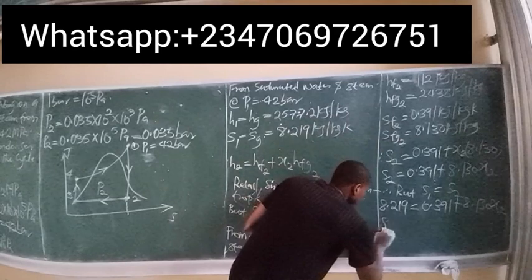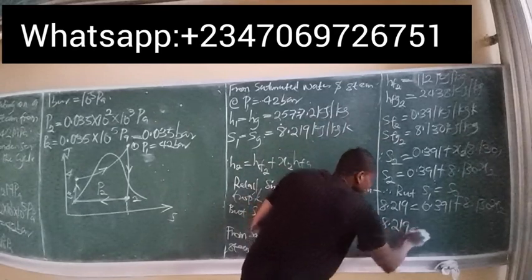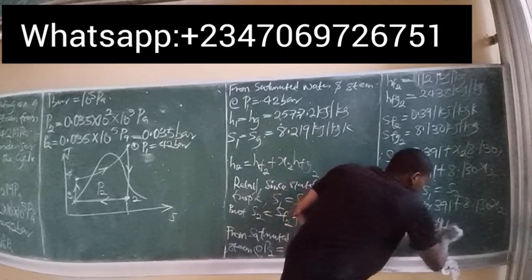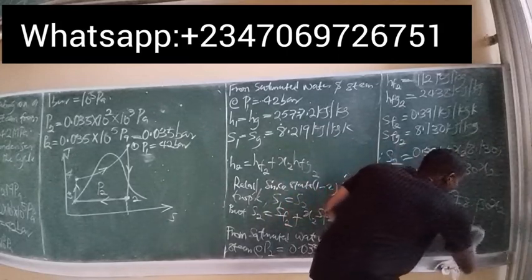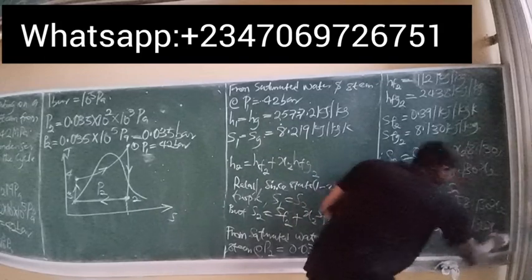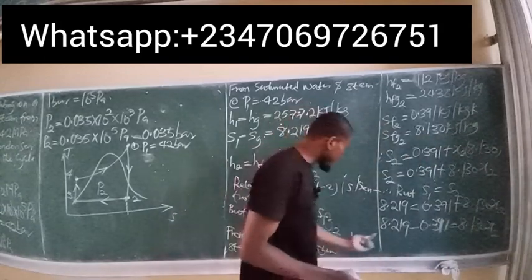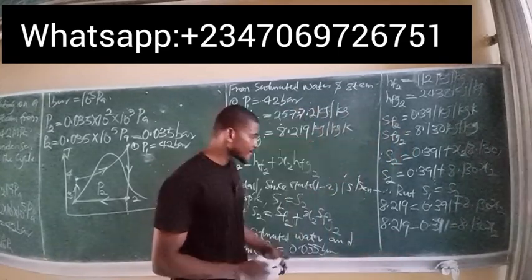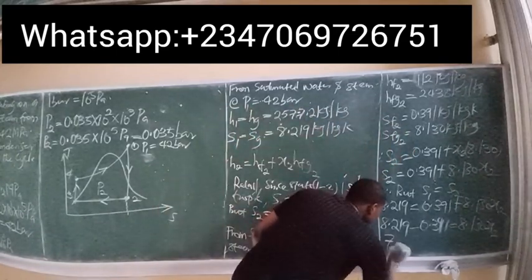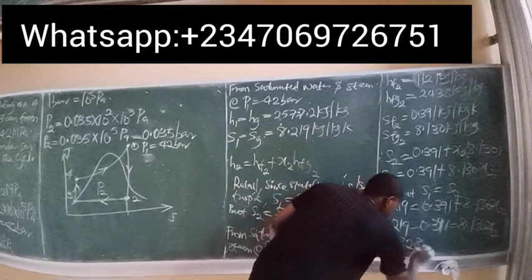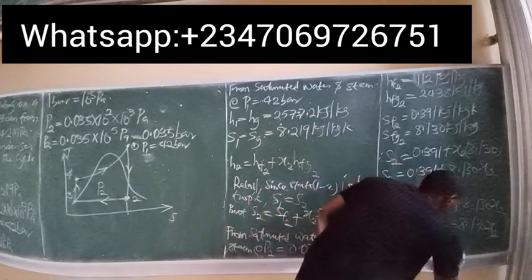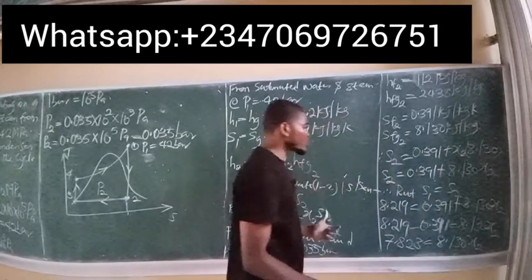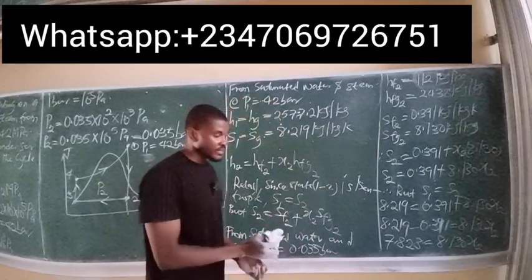It becomes 8.219 minus 0.391, and that's simply equal to 8.130 X2. So now you give me 8.219 minus 0.391. So you have 7.828 equals 8.130 X2. So from here now, we can find the dryness fraction at that state, simply X2.